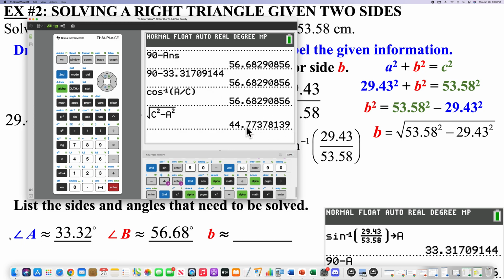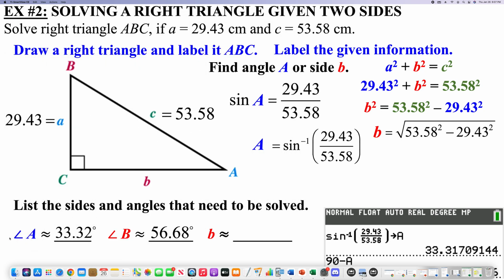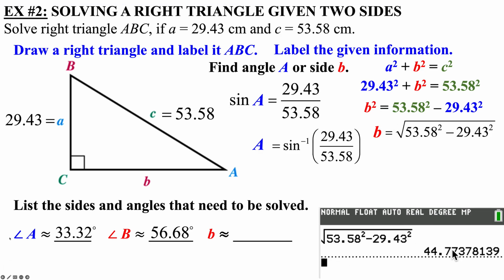Enter. 44.77378. Okay, same exact answer. Again, rounded to 2 decimal places. Steal the units off of what was given. If they give me units, then make sure we put units down for the length of B. All right, so that's solving right triangles.